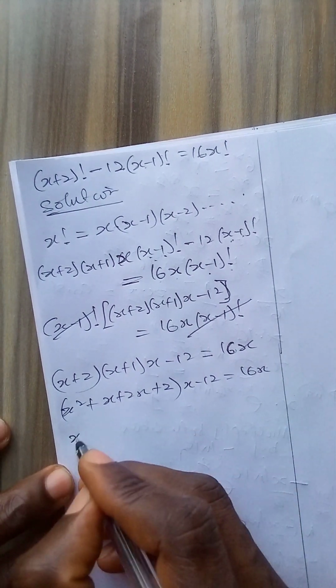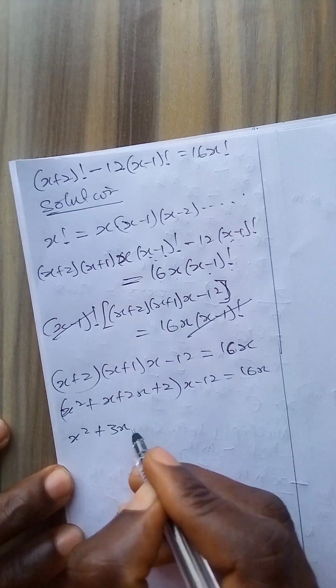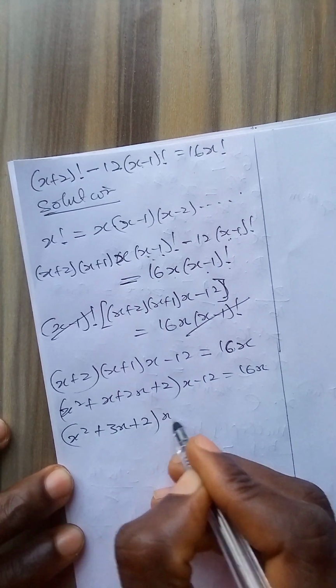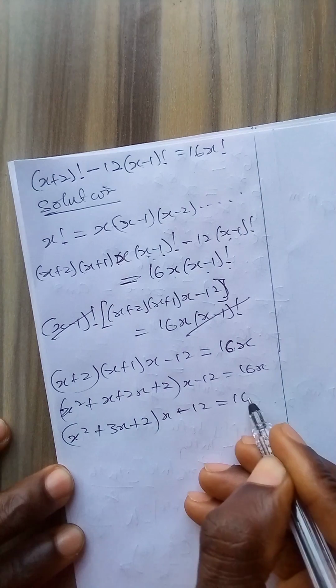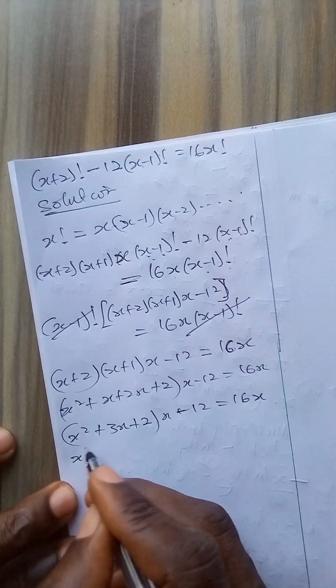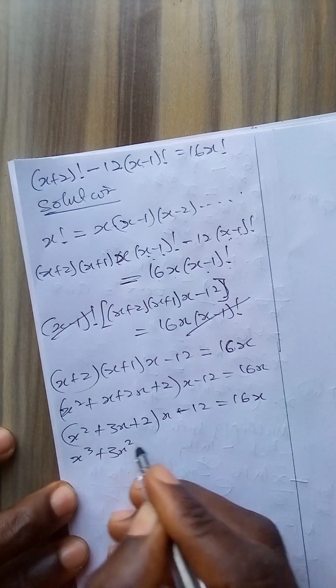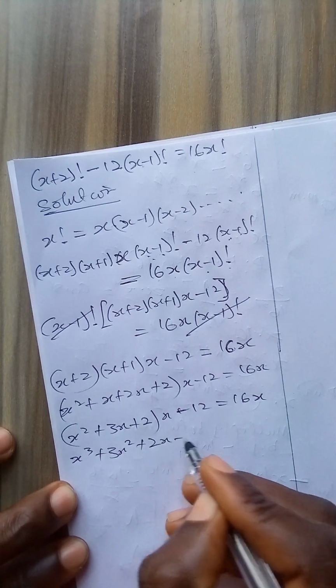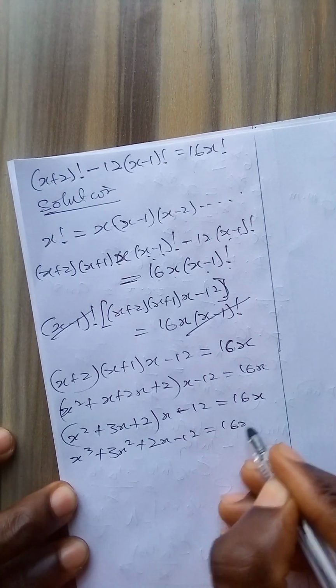Solving it further, we'll have (x squared plus 3x plus 2) times x minus 12 is equal to 16x. And so x cubed plus 3x squared plus 2x minus 12 is equal to 16x.